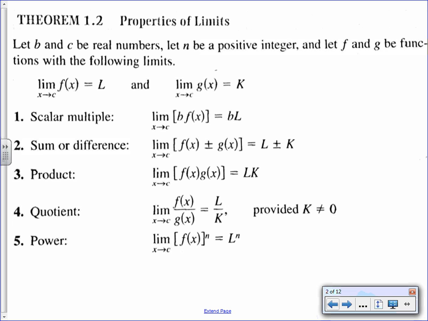Just understand that these work in this way. So for the product one, it would be the same as finding the limits separately and then multiplying them, as if you factored them together and found the limit of that. Okay.